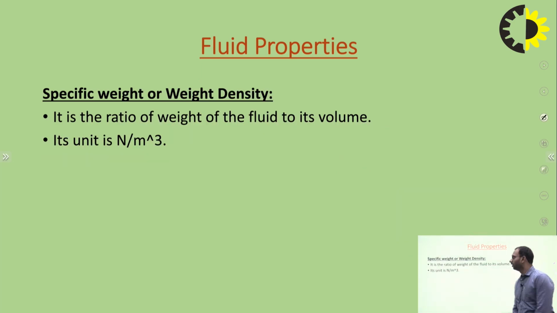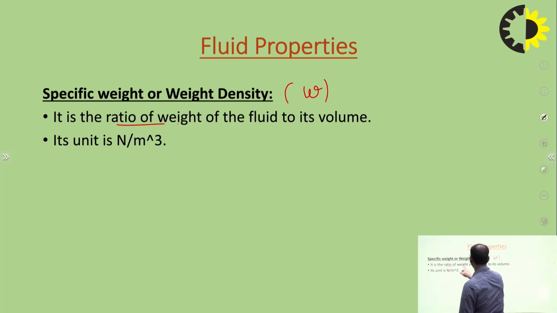Then the third property is specific weight or weight density, small w. What is specific weight? It is the ratio of weight of the fluid to its volume.